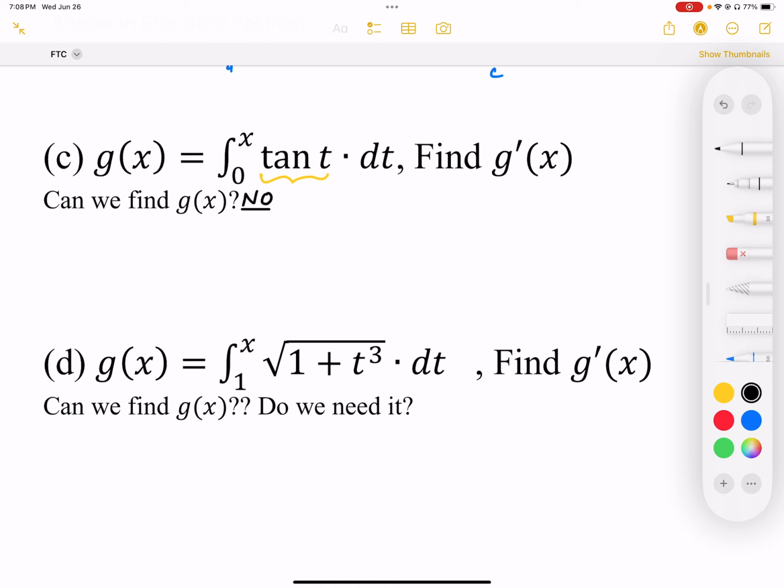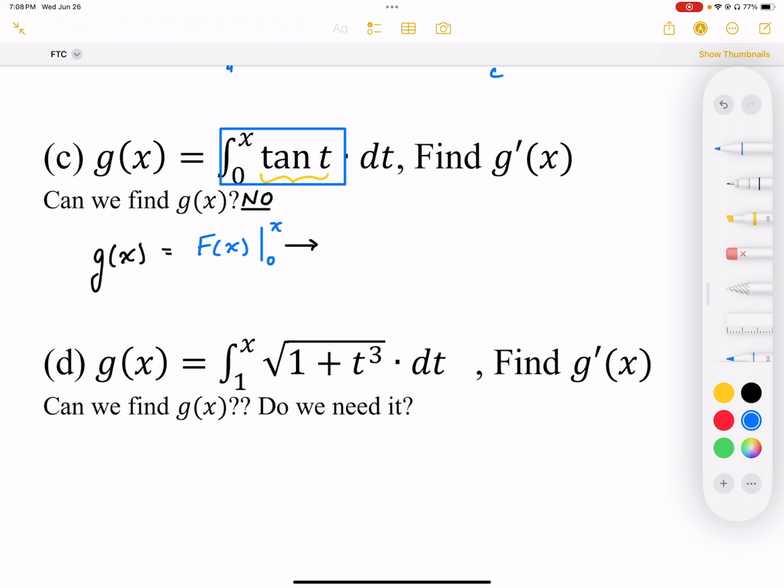But if we apply this, we know that an antiderivative does exist. So we know g of x is going to be equal to, if I take the area under that curve and anti-differentiate that, I'm going to end up with big F. I'm going to call the antiderivative big F, and I'm going to evaluate from 0 to x.